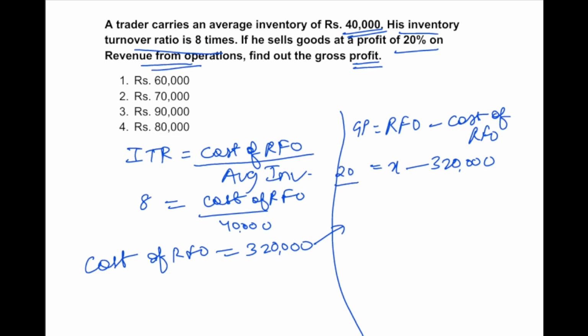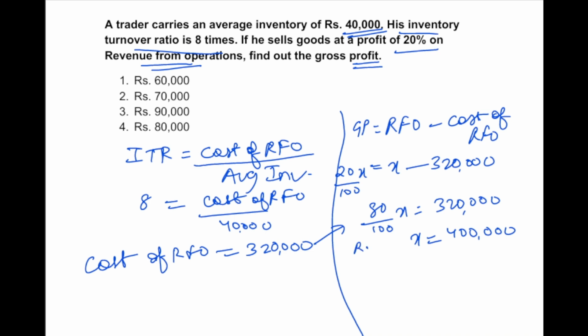So RFO is X, GP will be 20% of X. We'll solve for X. It will come out to be 4 lakh.